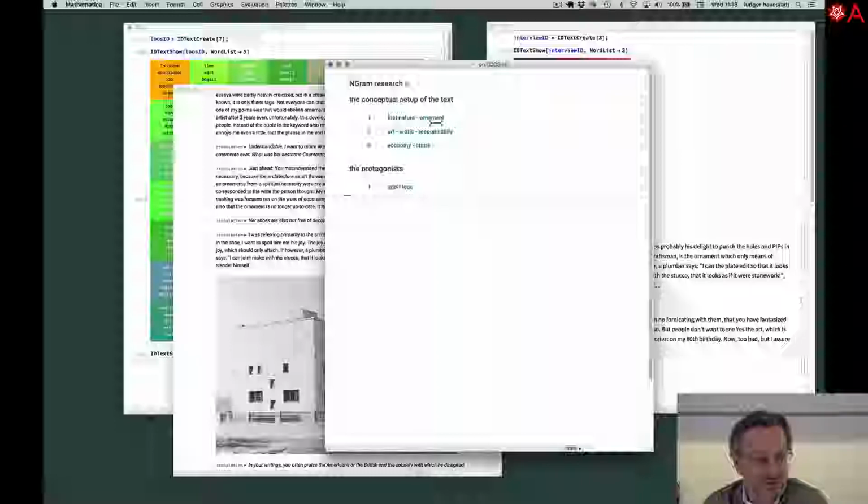So you can look around. If you look in Wikipedia with Ornament, you directly find, and we can check it now, for example, instead of Ornament and Crime, you see Sullivan's form follows function. So they are obviously playing together.